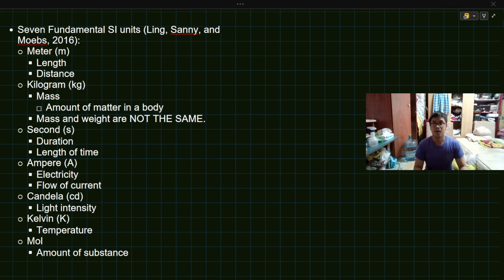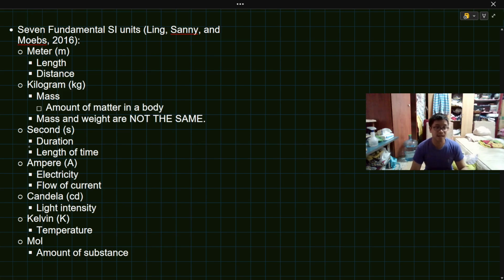That's why if you see real life footage of astronauts landing on the moon, they look as if they're floating, because it's lighter in there compared to here. So point being, mass is about the amount of matter in the body. Weight is basically the gravitational pull force. They are different. All right, so next, let's continue.